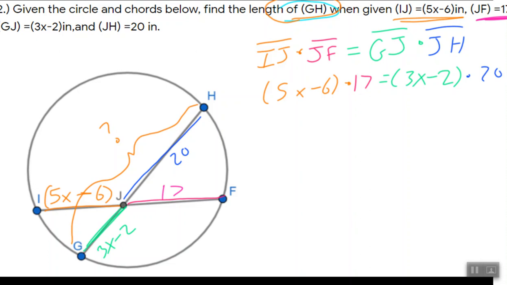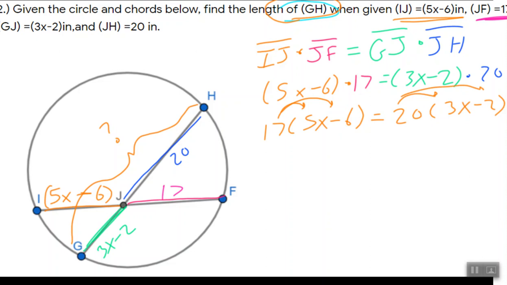Now, if I were going to rewrite this in a way that you would really understand, I would write 17 parentheses 5x minus 6 close parentheses is equal to 20 parentheses 3x minus 2. I think that would be the easiest way for you to understand it. And remember, your very first step is that you must distribute. And you'll actually wind up distributing on both sides.